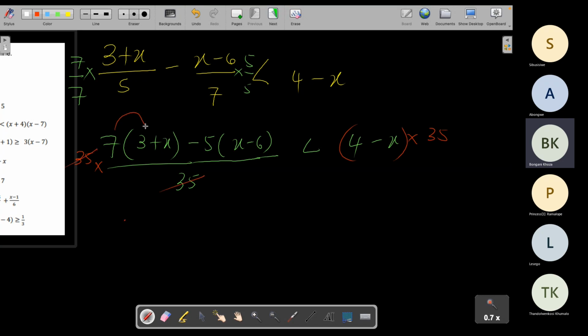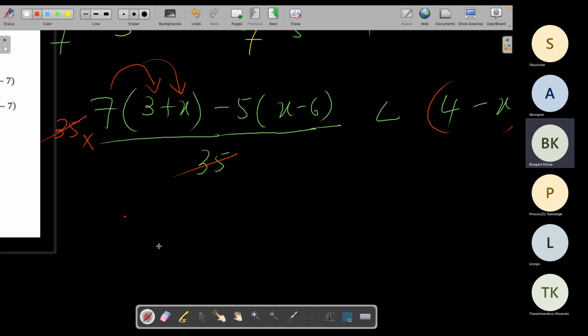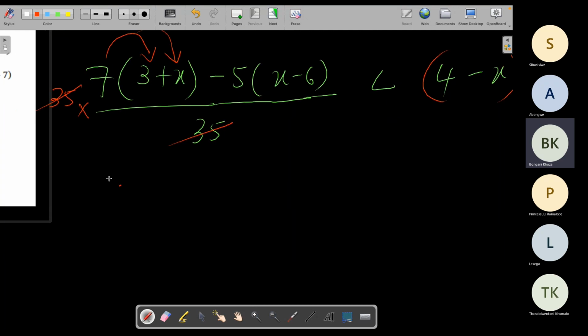If you're going to multiply in here, what do we get? 21, yes. Plus 7x. Minus 5x. Plus 30. Right. Oh, and then this side.